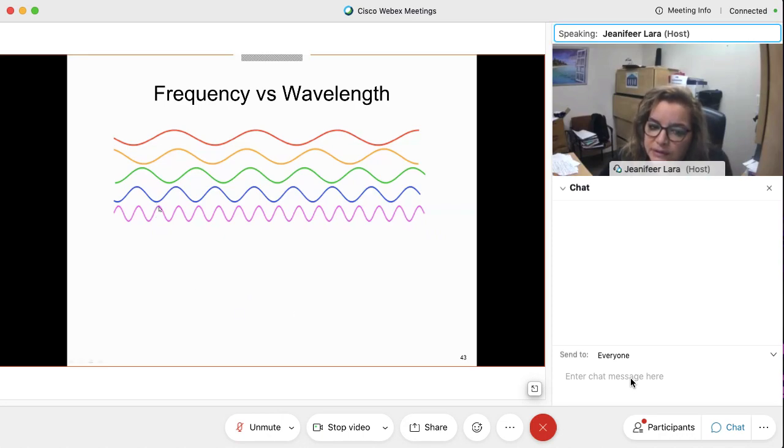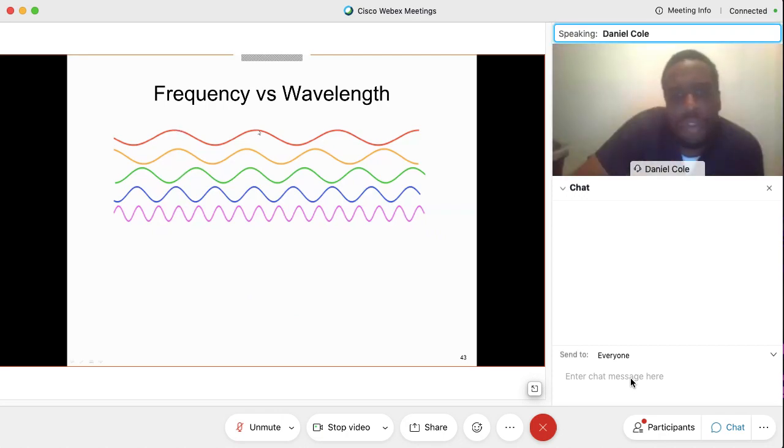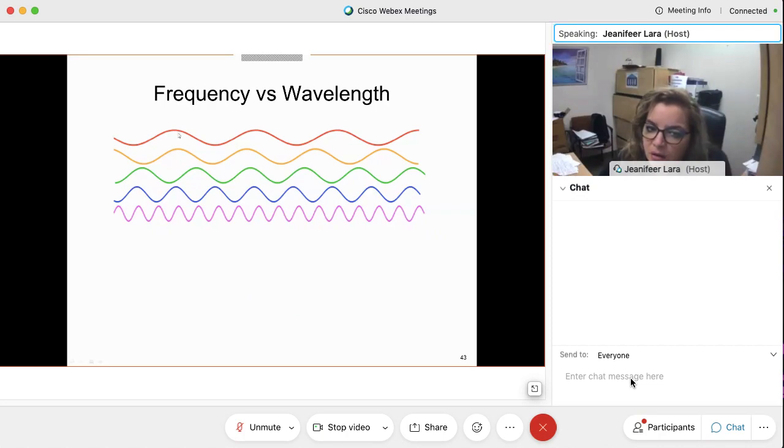Shorter would be the purple one. Good. Longer one would be the red one. So long distance, that is a larger wavelength. Shorter distance, it is a smaller wavelength.